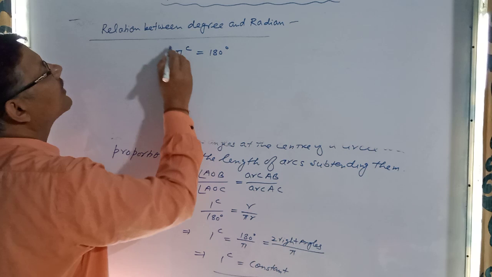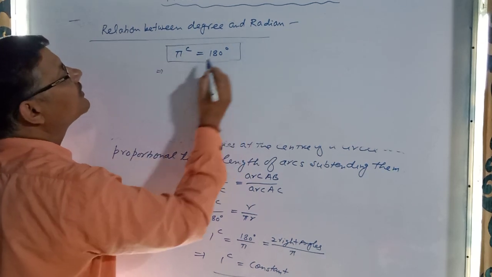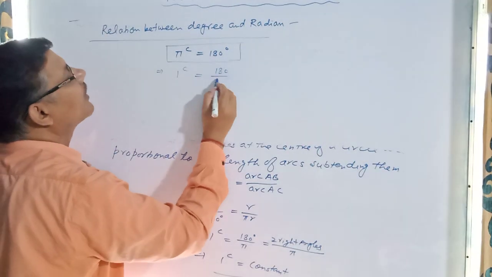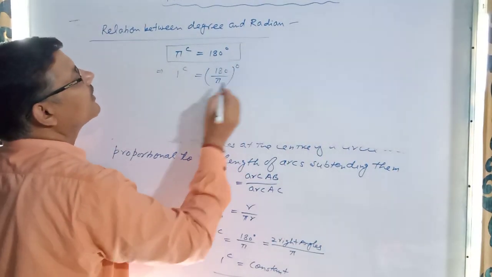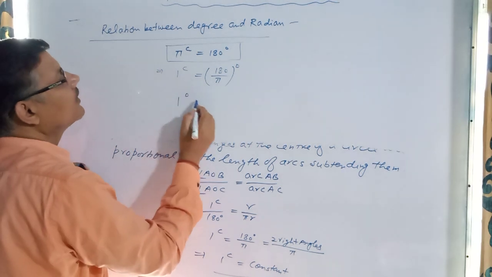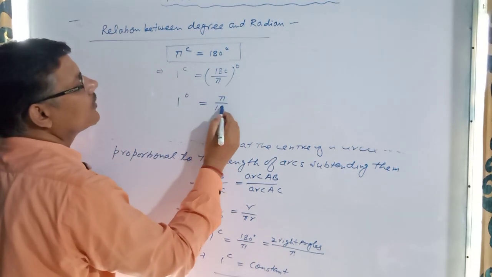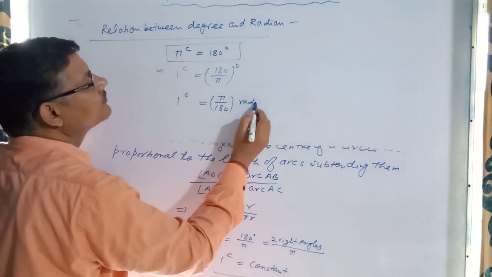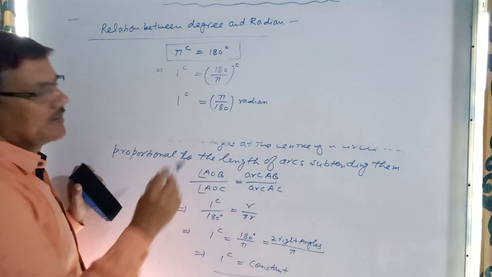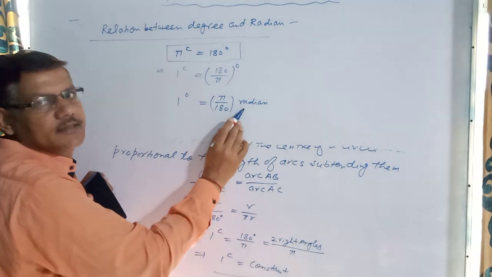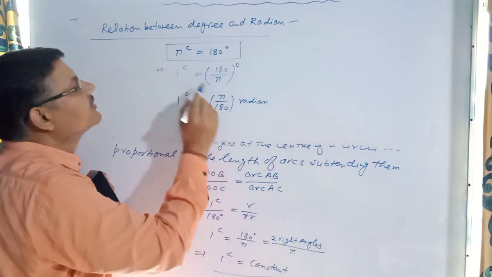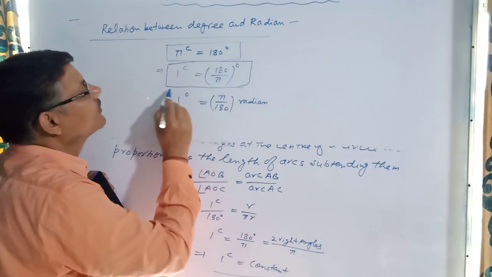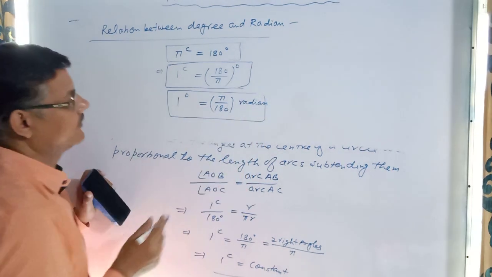From here we get the master equation: 1 radian equal to 180 by pi degree, and 1 degree is equal to pi by 180 radian. But we write degree, and in most cases we do not write radian. So these are 3 relations which are used to change radian into degree and degree into radian.